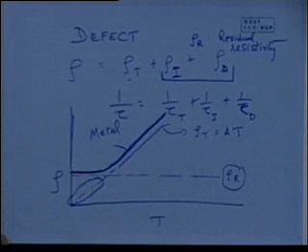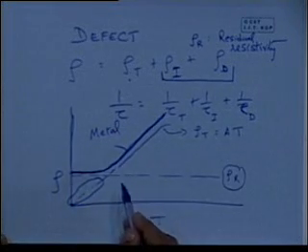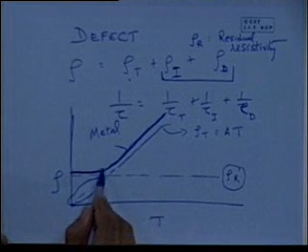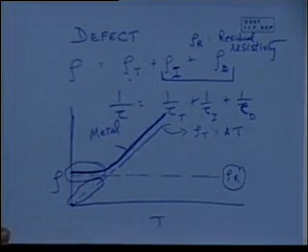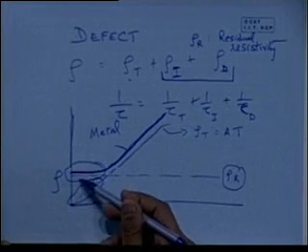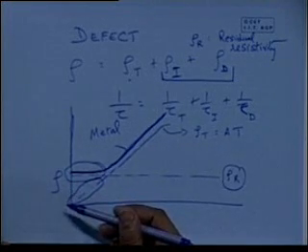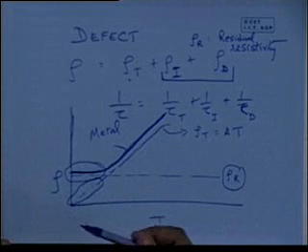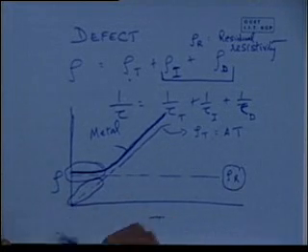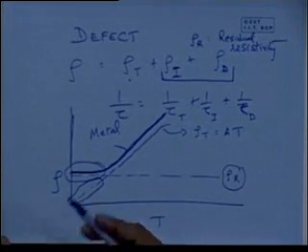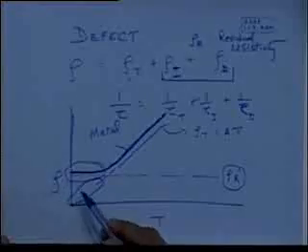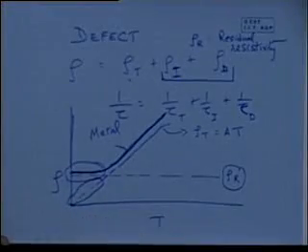And now you can see why this is called residual impurity. In other words, no matter how low a temperature I go to, I will always have some resistivity term. Now, depending on the particular metal, this term could be very, very low, almost unmeasurable, if you have very pure and very perfect metals, because that is just due to defects.